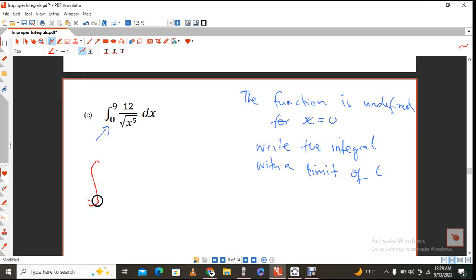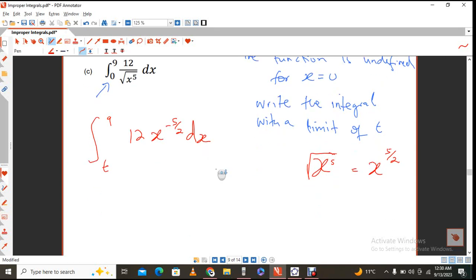I'm going to have the integral from t now to 9 of 12 times the square root of x raised to the power of 5, which is the same as x raised to the power of 5 over 2. Okay, and since it was under, it becomes negative, so it's negative 5 over 2, with respect to x. Okay, please just make sure that your algebra is sound.